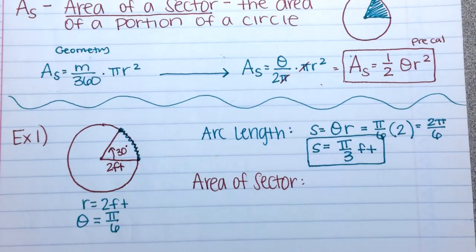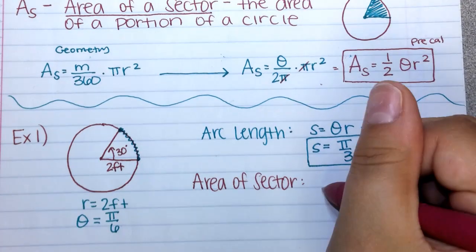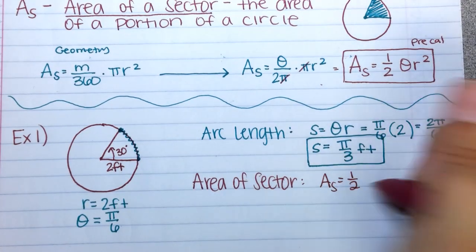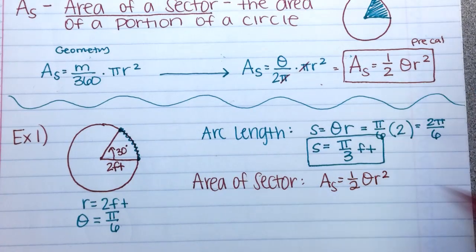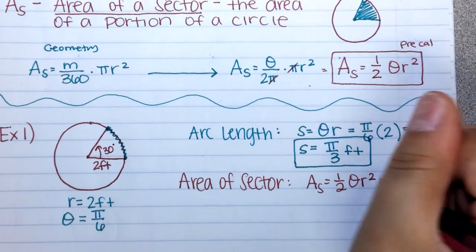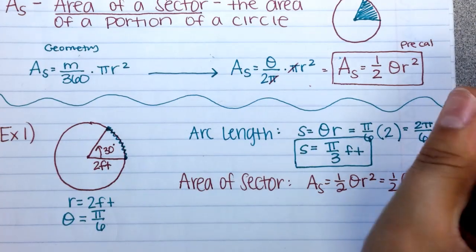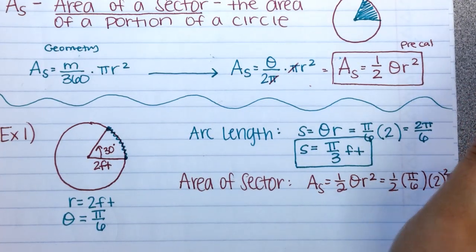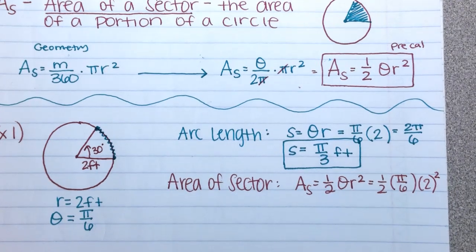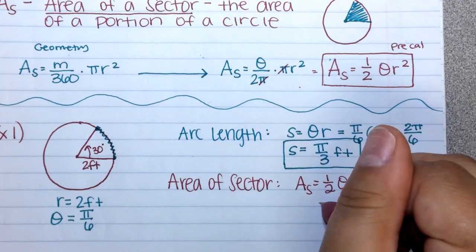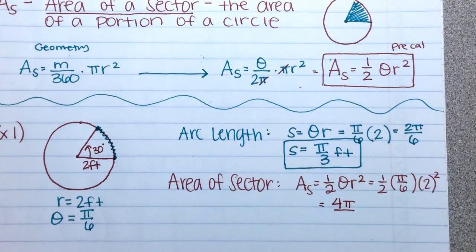What about area of the sector? 1/2 theta R squared. Plug that in. What is that going to give me? 2 squared is 4, so that's going to be 4 pi over, and on the bottom, the denominator, I have 2 times 6, which is 12.